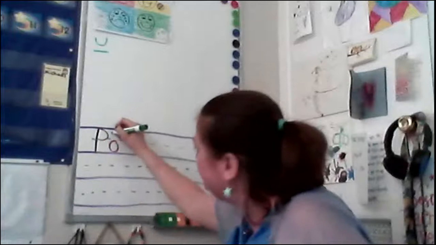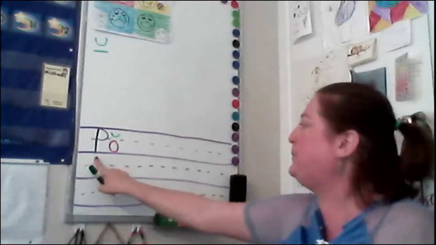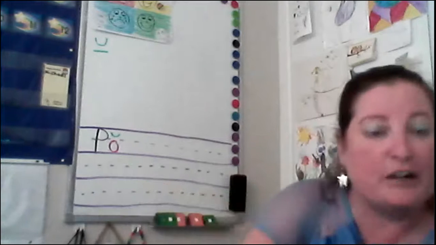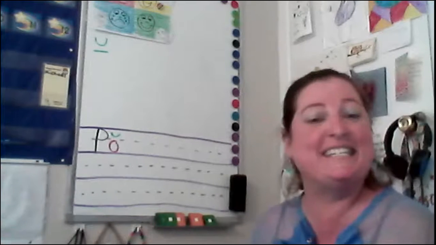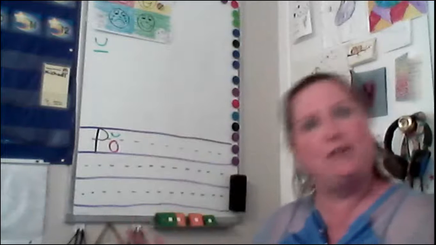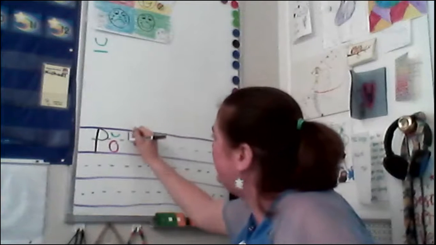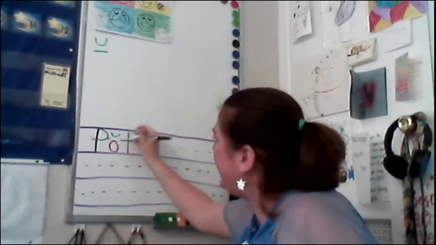So I'm going to get that other color marker for you so you can see it. And we're going to put a breve on top so we know it's short. So it's P, o. And here it is, the last sound. And you guys had that the other day. T, right? So we're going to do a line down and cross, okay?